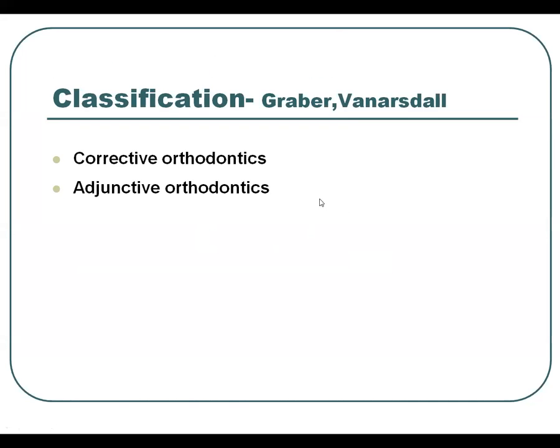Coming to the classification of adult orthodontics. According to Graber and Vanarsdall, corrective orthodontics means any crowding or spacing has to be closed, and crowding has to be relieved and aligned. This comes under corrective orthodontics. Adjunctive orthodontics is an adjunctive procedure for the placement of the prosthesis or any other procedures.